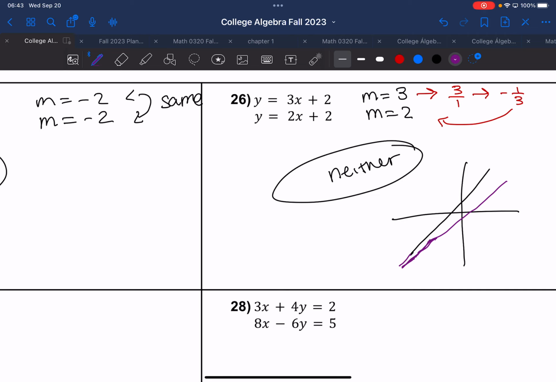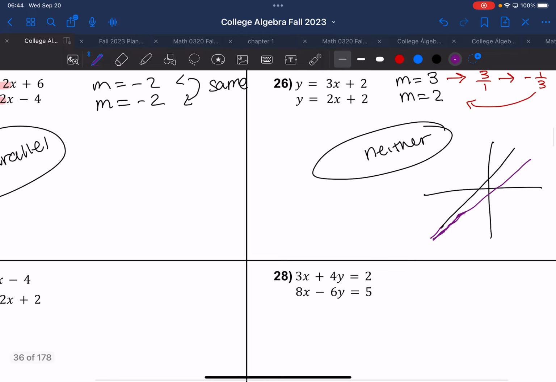Would we ever have graphs that cross but don't make a 90-degree angle? Yes, they could cross and not make a 90-degree angle, but we wouldn't consider that perpendicular because it would have to be a 90-degree angle. We'll talk about those types of equations when we move on to systems of equations, which I believe is the first topic after test 1. But yes, good point.